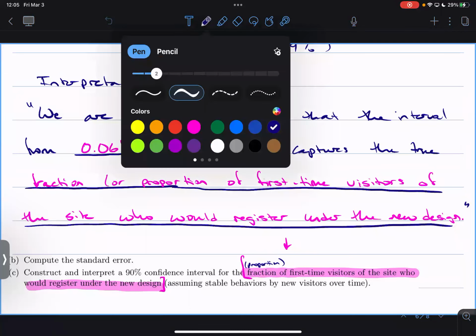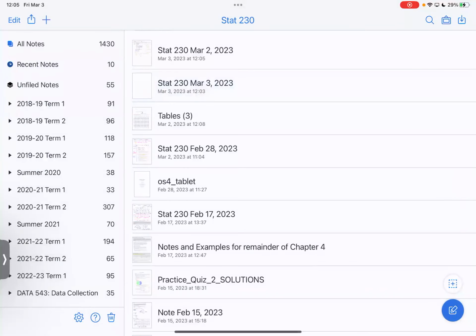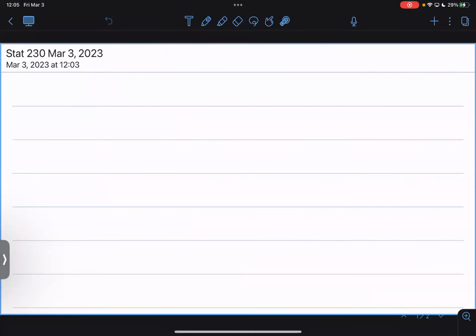Hey, I forgot a bracket here. There. Of first-time visitors of the site who would register under the new design. And that part, you just talk about whatever population you were measuring from. So confidence intervals are going to come up again, but those are the key ideas behind a confidence interval.